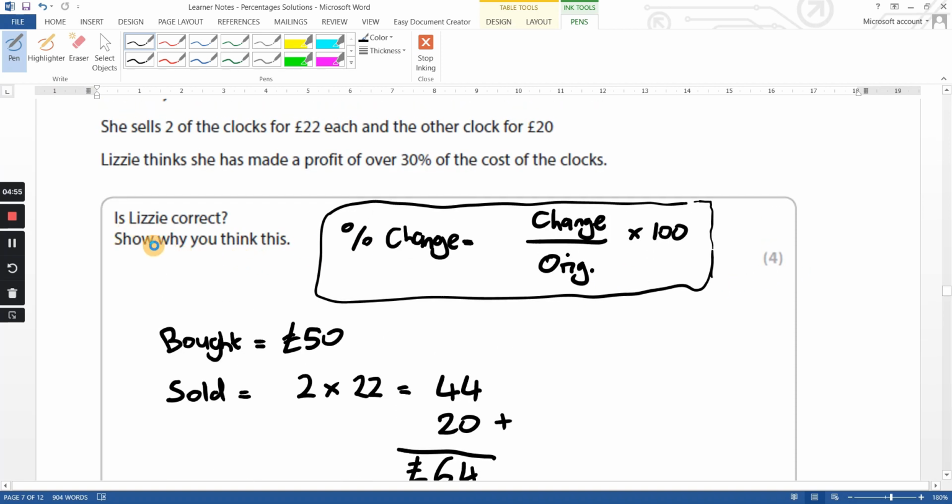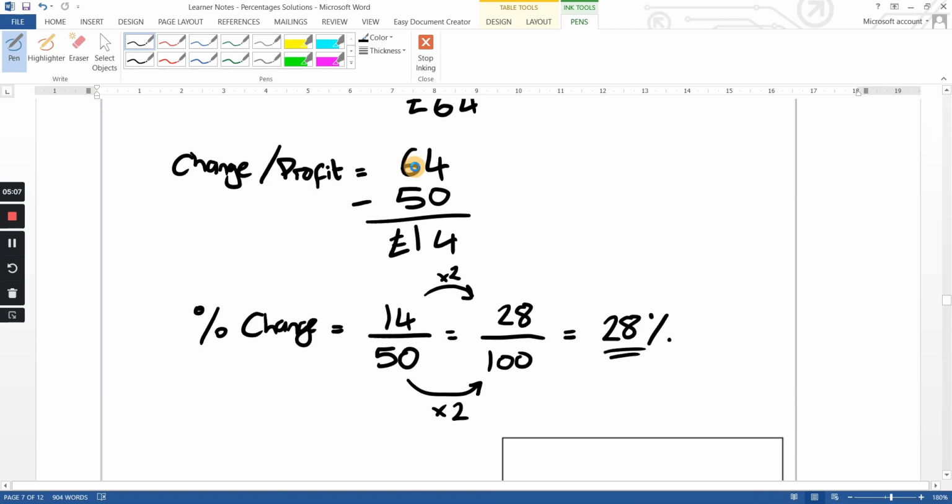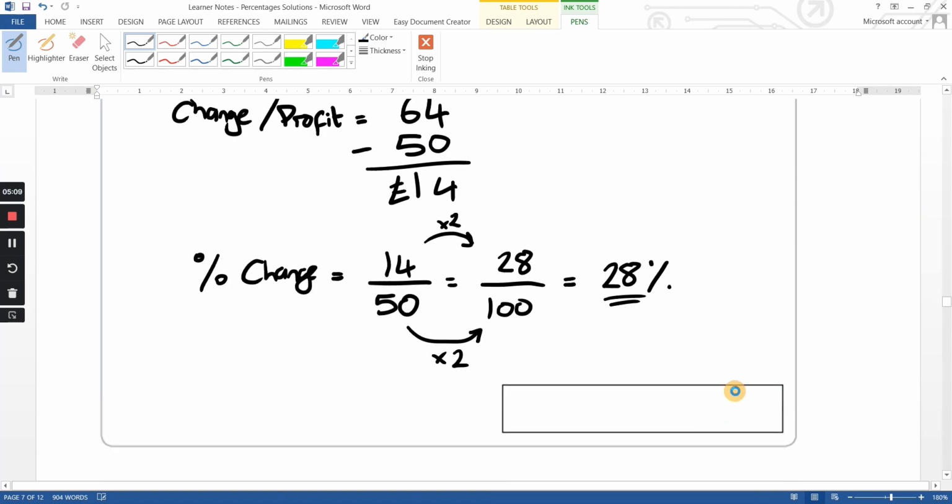And the last mark, for the 4th mark, you'll have to say if she's correct or not. So she thinks that she made a profit over 30%. Is she correct? No. So we'll say, yeah, that's good enough.